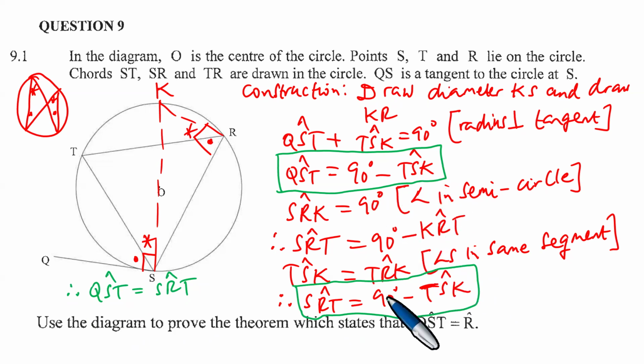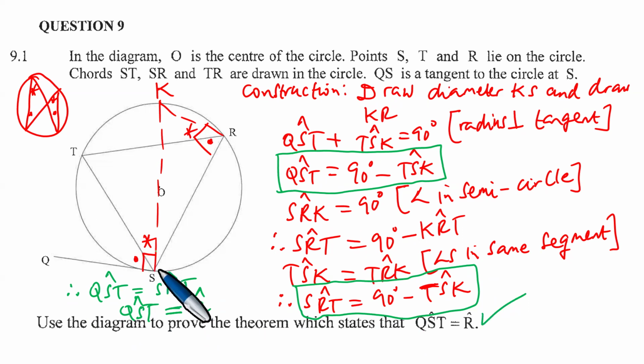So QST is equal to angle R, and we have that angle QST equals angle R. And this is what we have to prove here, right?